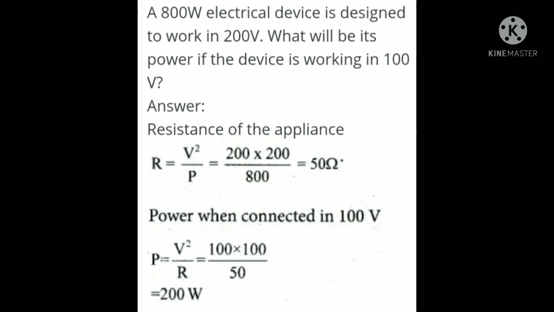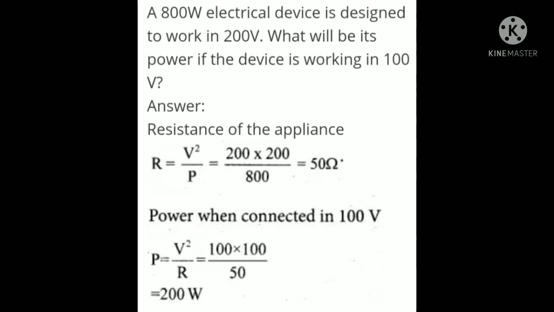Okay. Next problem. A 800 watt electrical device is designed to work in 200 volt. What will be its power if the device is working in 100 volt? Here we got power P is equal to 800. Potential difference V is equal to 200 volt.